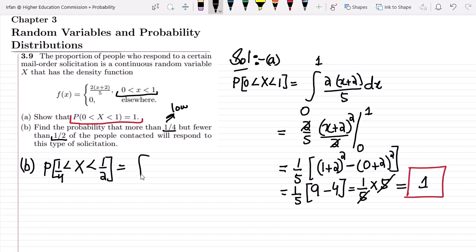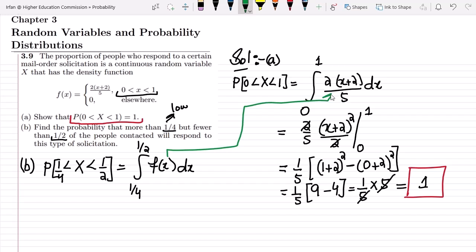I have to integrate f(x) from 1/4 to 1/2. We have already found f(x), we just have to change the limits.